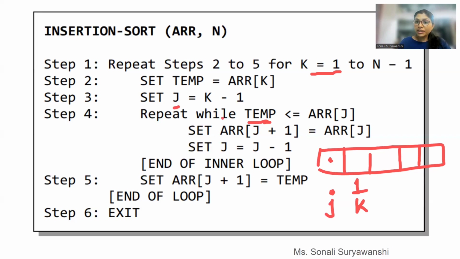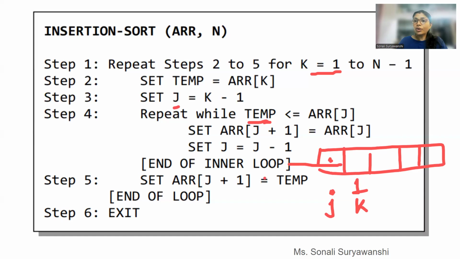And we keep doing this if we find that the temporary value which I have set is lesser than the value of j. That means if the value pointed at by k is the minimum value among all values to its left side, we shift all these left side values to the right side so that we make a place for this minimum value and shift it backwards.